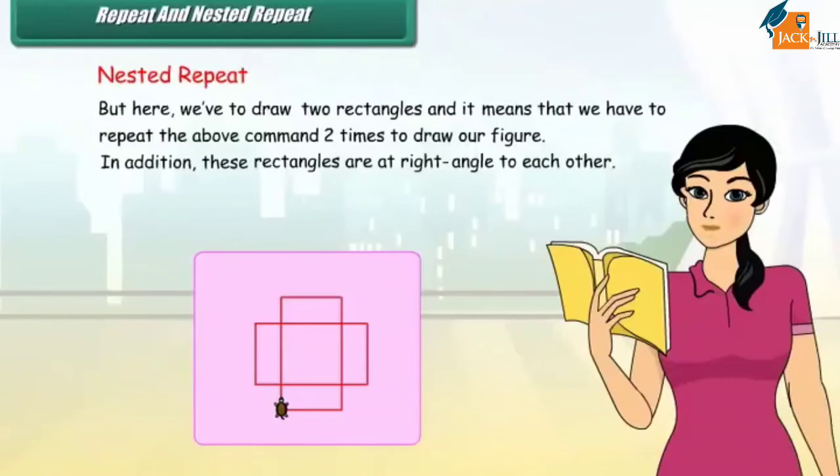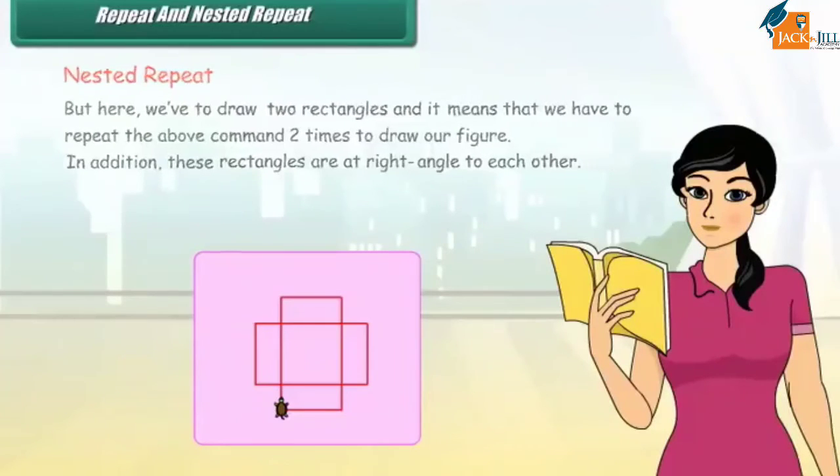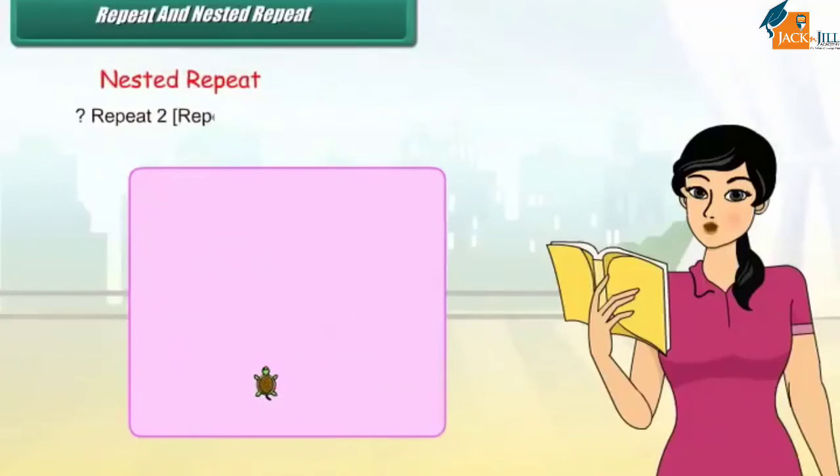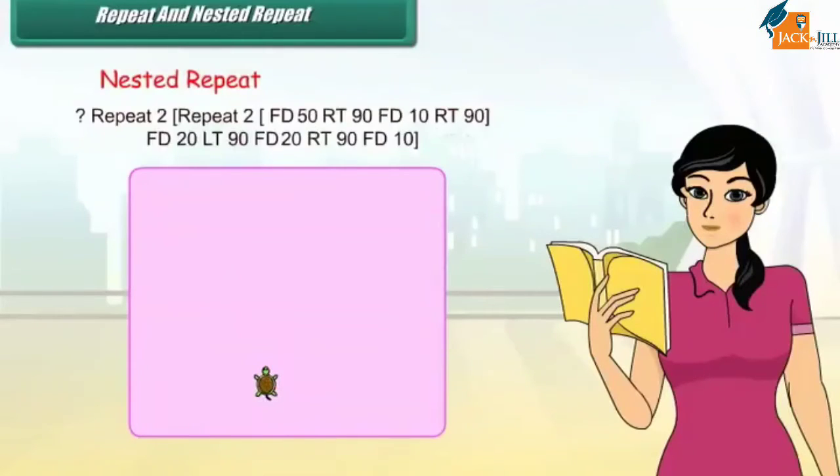In addition, these rectangles are at right angle to each other. So we will write repeat 2, then put a square bracket, write repeat 2, give another square bracket and write FD 50, RT 90, FD 10, RT 90.